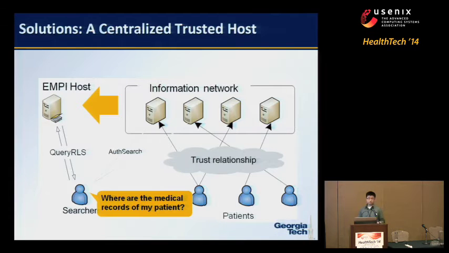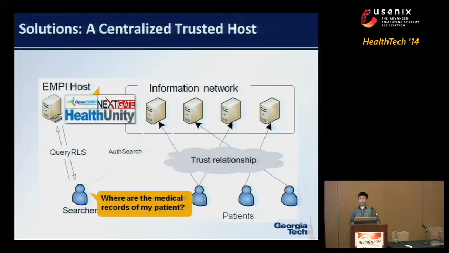And then when the searcher searches, he will send the request to this host. This is very efficient. One search will finish all the job. And this approach is adopted by some open source software, let's say OpenEMPI, and some commercial software, let's say NextGate.